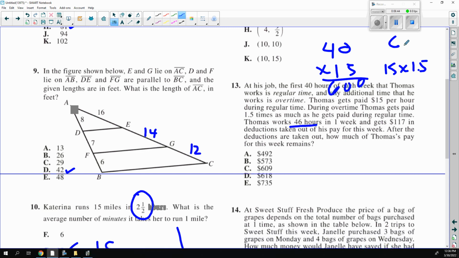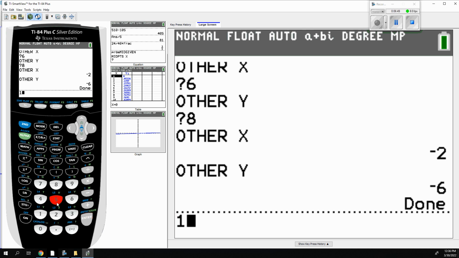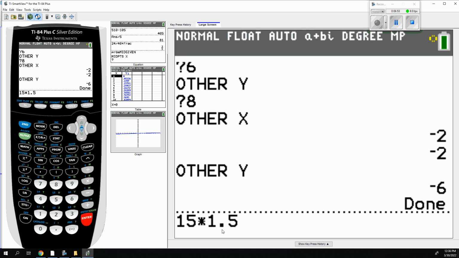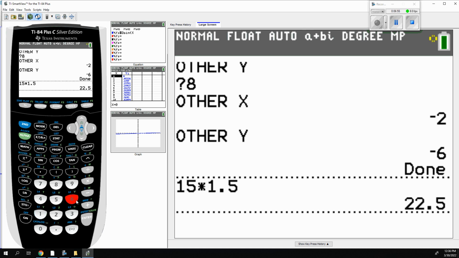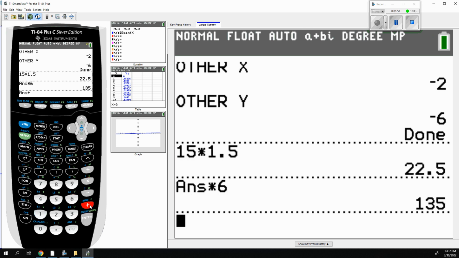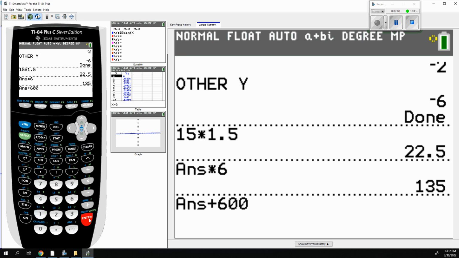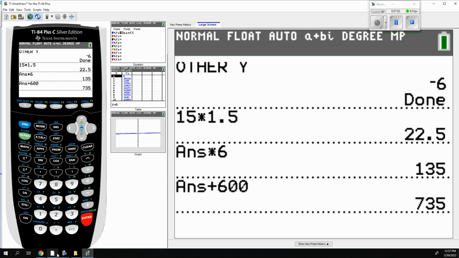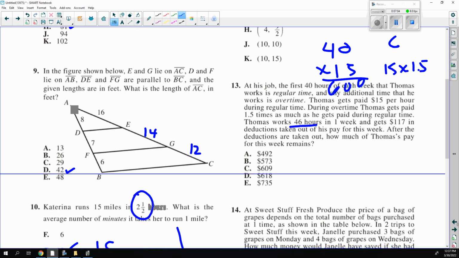That would be your overtime salary for 6 hours. Added to the 600, that's a payment of $735. However, be careful. You get deductions like taxes and so forth taken out. When you subtract that, the answer would be D.